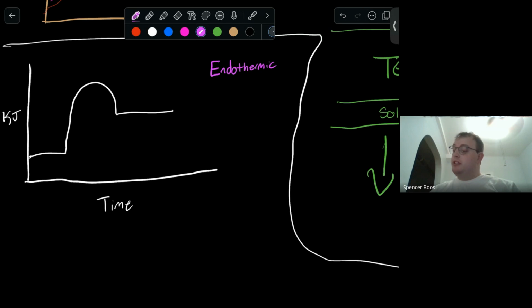Now, particularly in MRS's class, you are going to be responsible for determining the activation energies and the enthalpy changes in them. And a couple other things from what I remember.